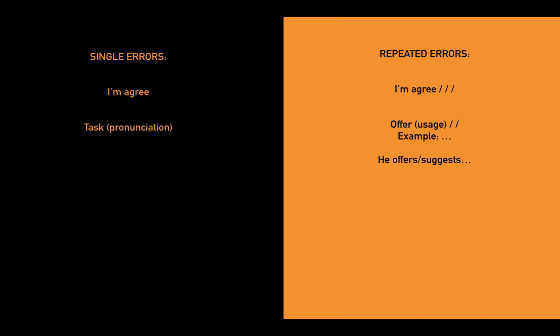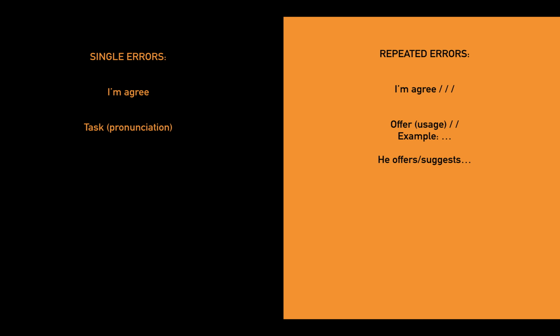So you make notes during all the tasks except lead-in from all the students, exactly from all the students. Because when you work with a group, you have to find something common, right? You can't address just repeated errors of one student.